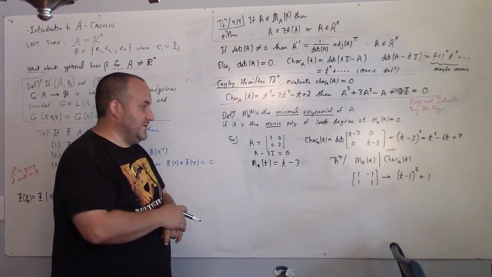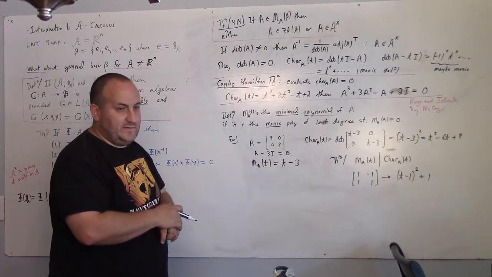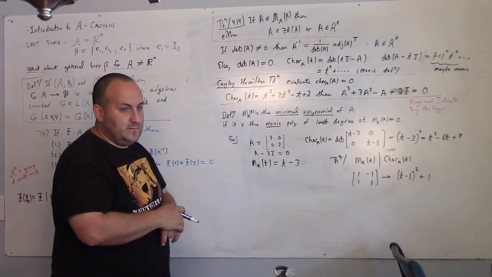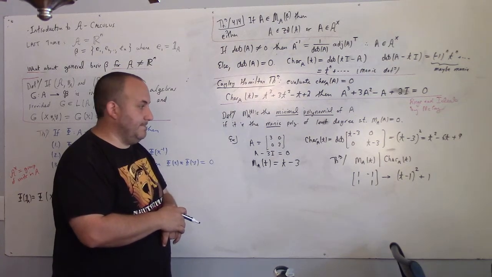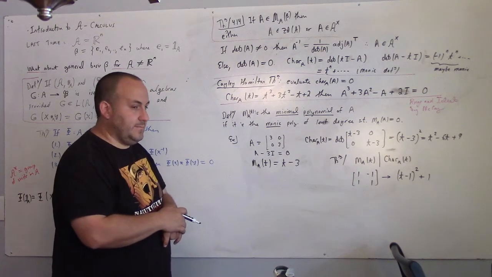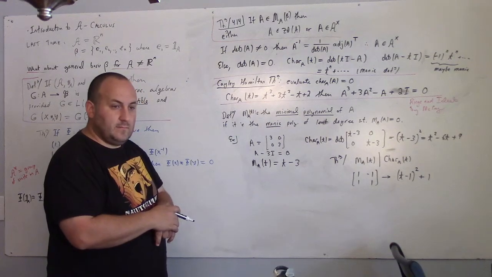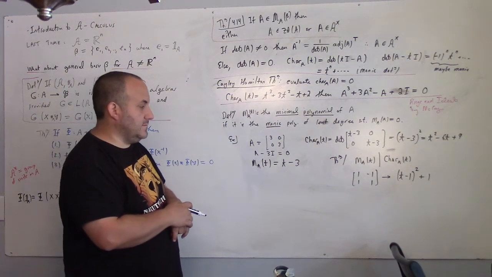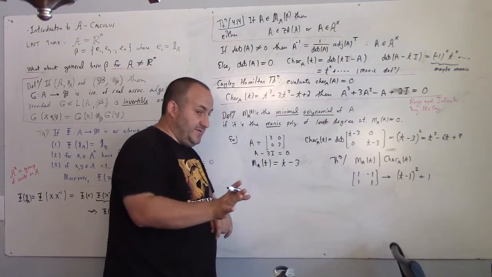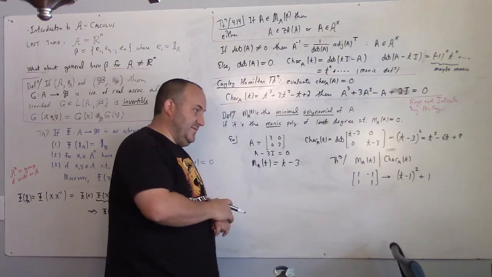So it follows for this one that the characteristic polynomial is the minimal polynomial, if we're working over the reals. Now, if we're working over the complex numbers, then there are factors.